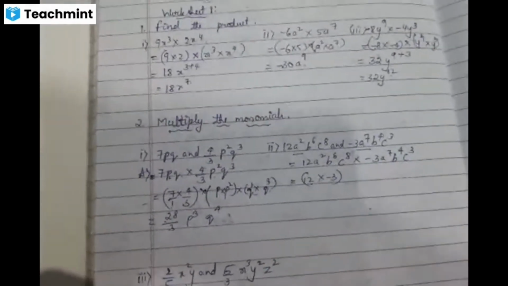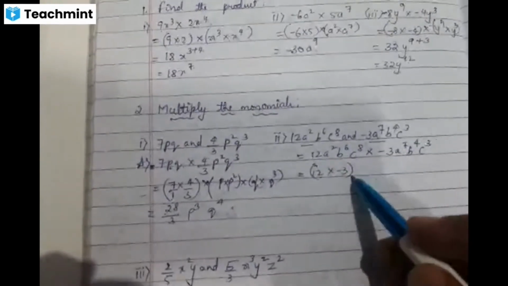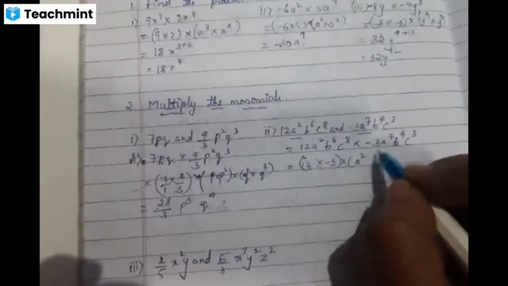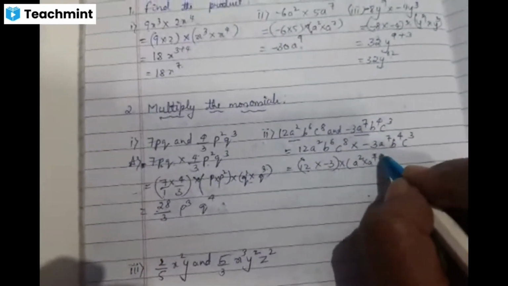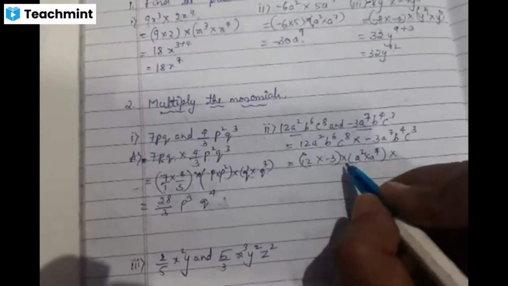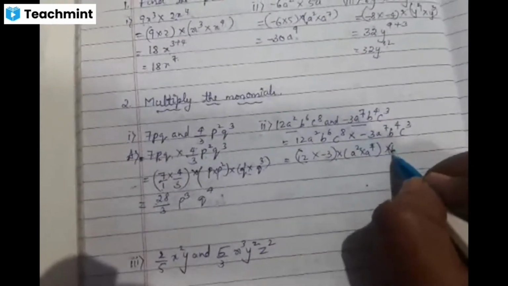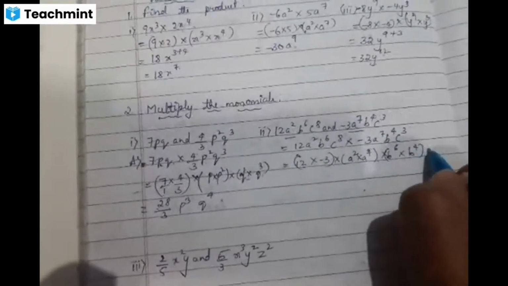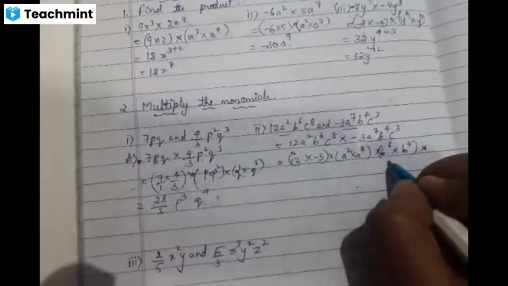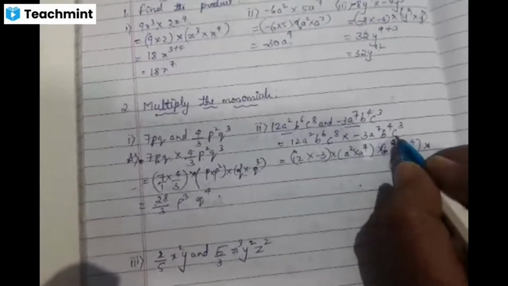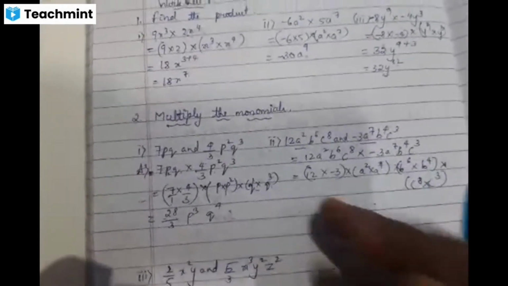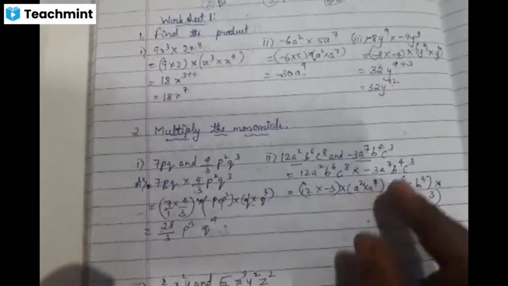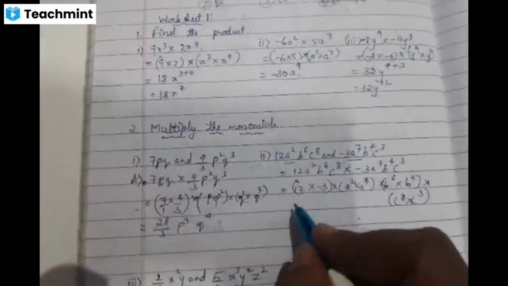As I have told you, we are going to group the constants in one bracket into a to the power of 2 and a to the power of 7 into, next what is left, b to the power of 6 into b to the power of 4 into, what is left again, children, c to the power of 8 into c to the power of 3. In this way, we are going to group the same variables in brackets as well as the constants.